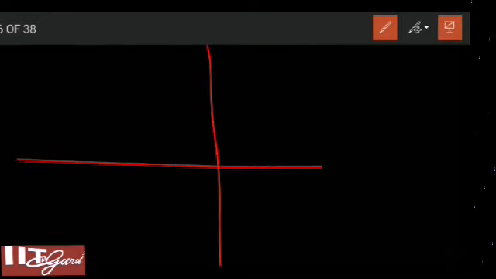This is the x-axis, let's say, and this is what we call the y-axis. So for cot inverse cot x, cot x is not defined wherever sin x vanishes. So where does sin x vanish? At every multiple of pi.